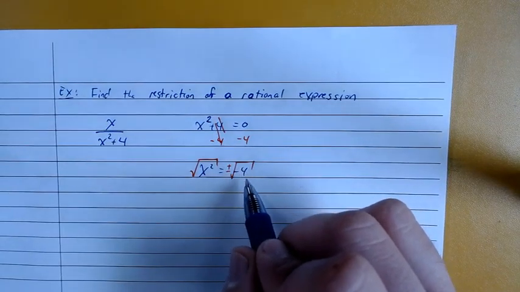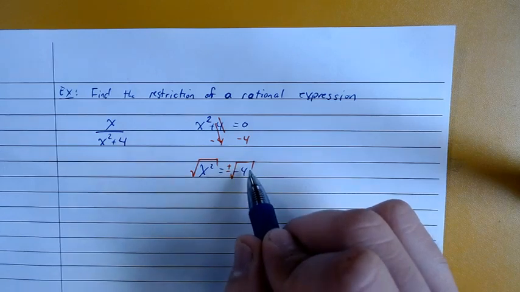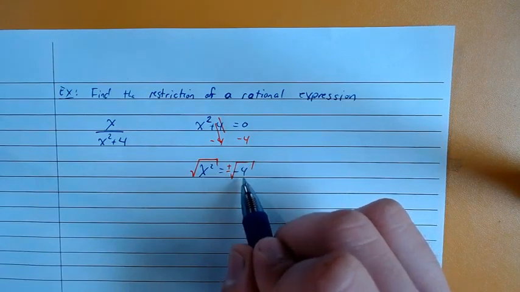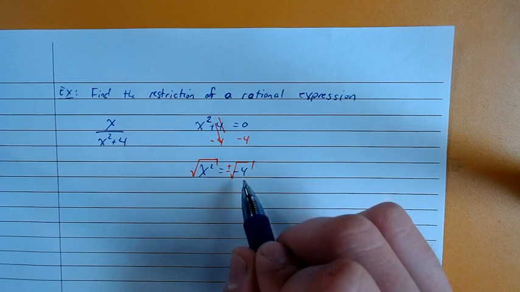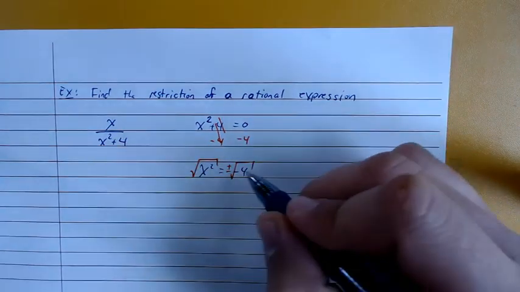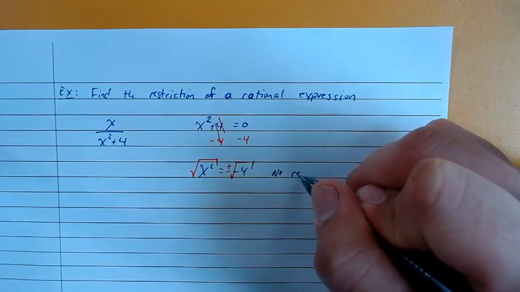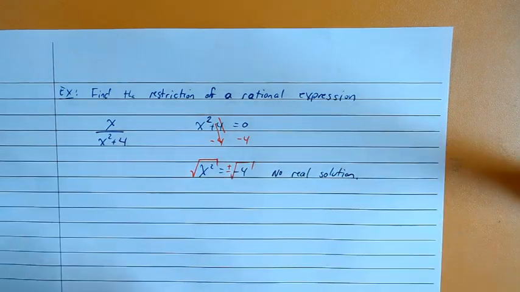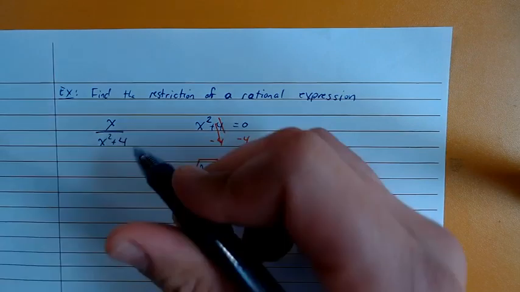Because if I square a positive, I'm going to get a positive. If I square a negative, a negative times a negative is also a positive. And if I square 0, I get 0. So there are no real numbers that I can square to get a negative, which means this doesn't happen. So this has no real solution. Okay, but if there's no real solution, that means that this has no restrictions.